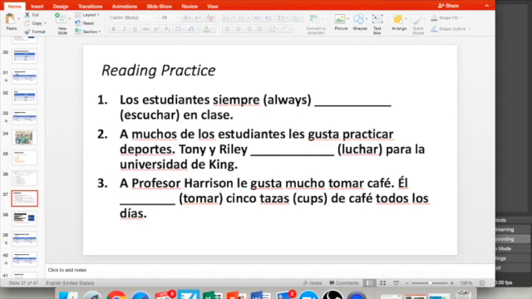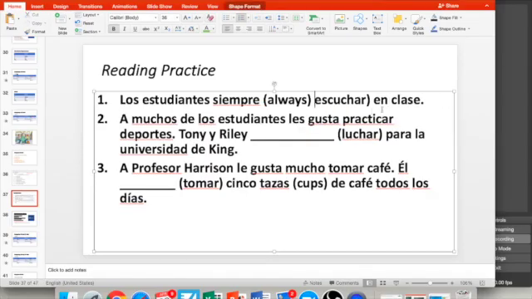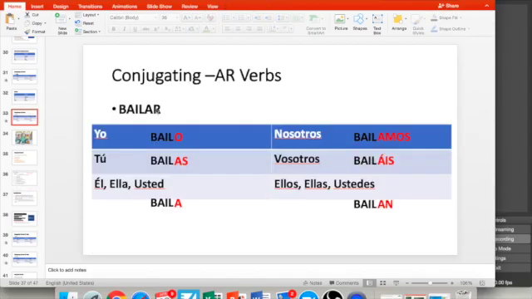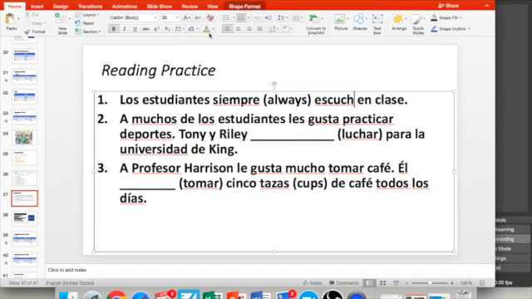We're going to take our verb escuchar here. In order to conjugate it, we need to chop off the AR on the end. And the students, to say that they listen, we're going to find our they box, which is our bottom right box. You know, our ending here should be an AN. And we're going to say that los estudiantes siempre escuchan, with an AN on the end.